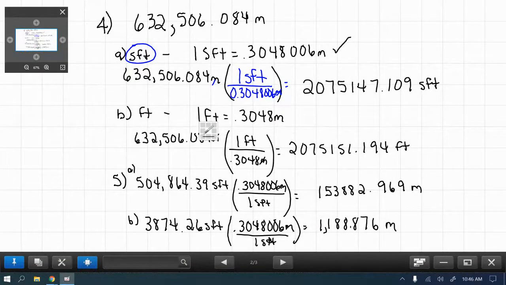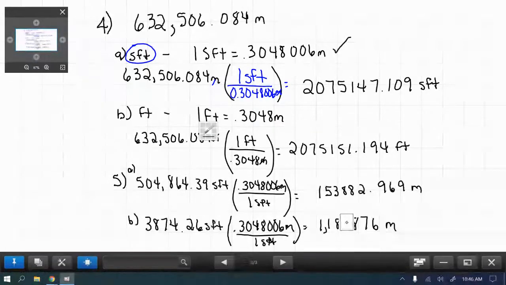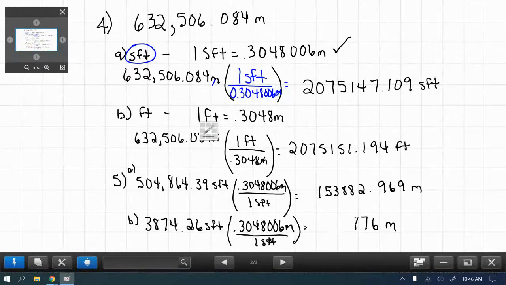Here's my calculator. 1180. 1180. Yeah, I must have either heard you wrong. That was me. I gave you the wrong answer. I'll be quiet. That's all right.